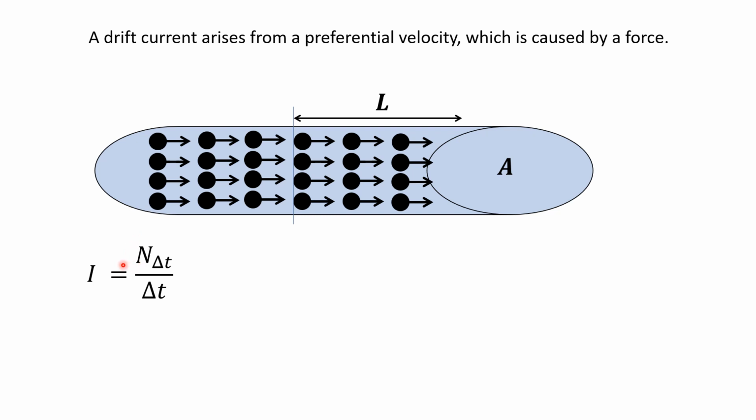So by definition, the current is the ratio of the number of particles to the interval of time that it took for this number of particles to cross.